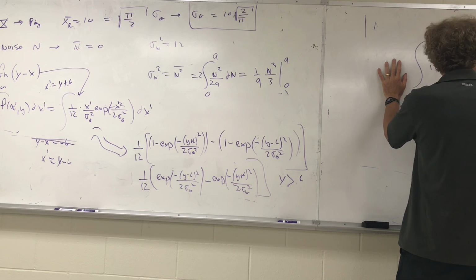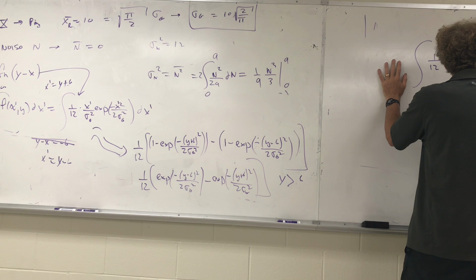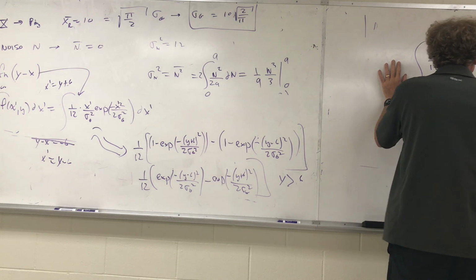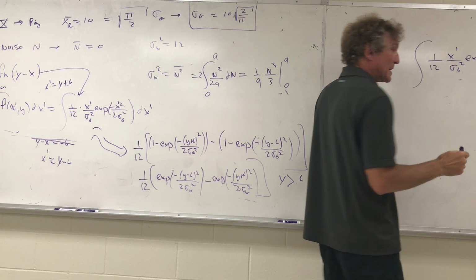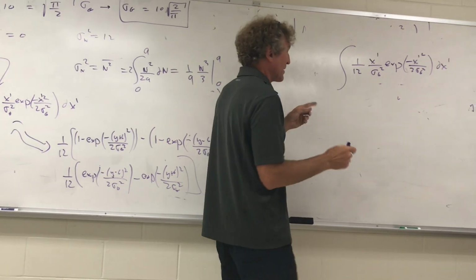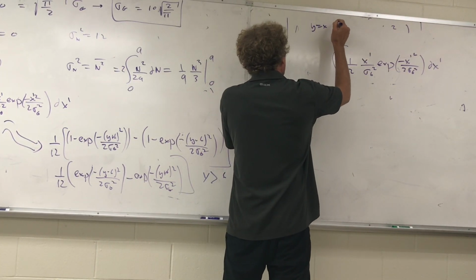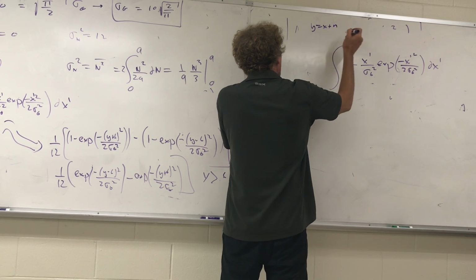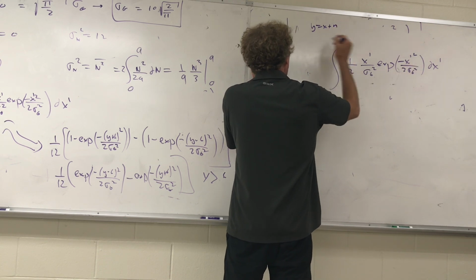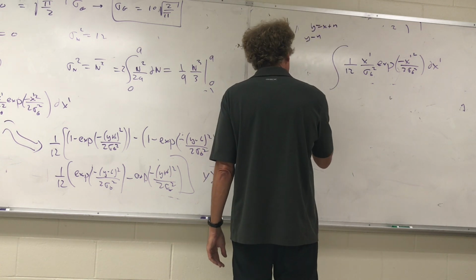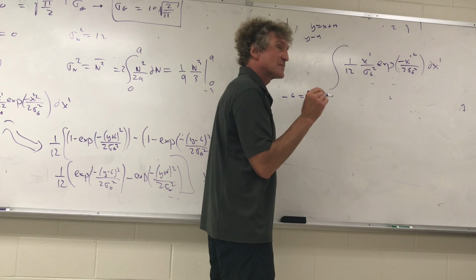That's no consequence. exp to the minus x prime squared over 2 sigma Gaussian squared, and that's dx prime. There's a lower limit and an upper limit, right? Now here it's an x prime, so y equals x plus noise. This is an x prime integration of y minus n. The lower limit is minus 6, and that is for x, right?